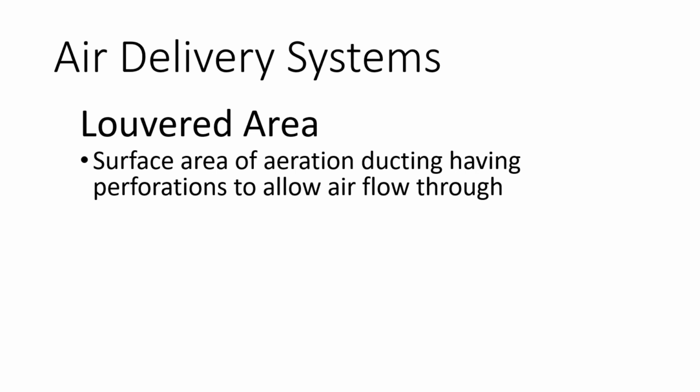So the first item pertains to the air delivery system, and a really important concept is louvered area. The simple definition is the surface area of aeration ducting having perforations to allow air to flow through. This is something that is typically quoted.